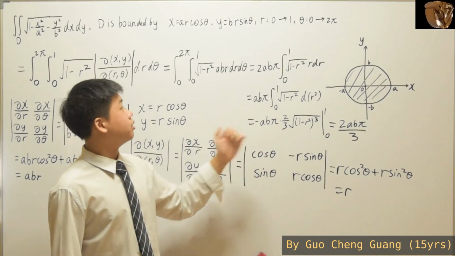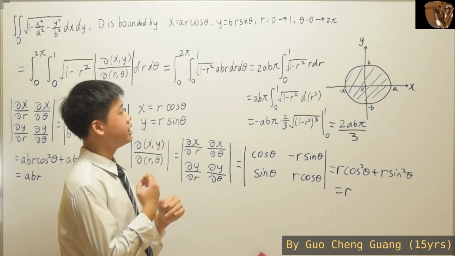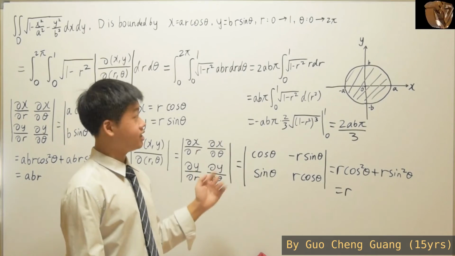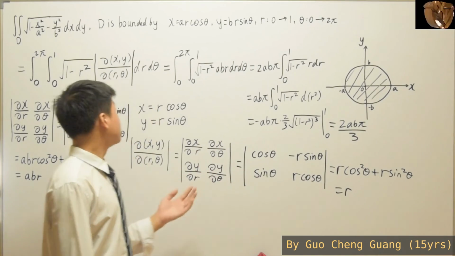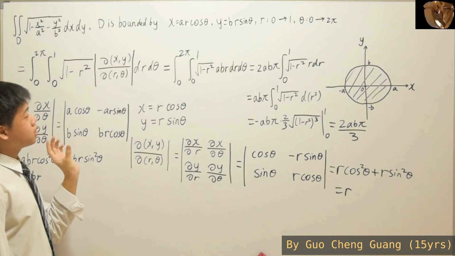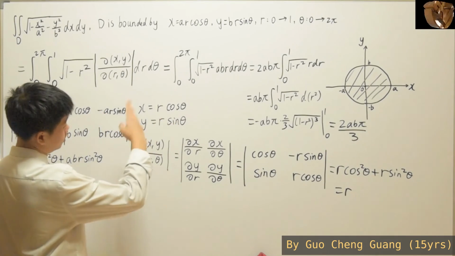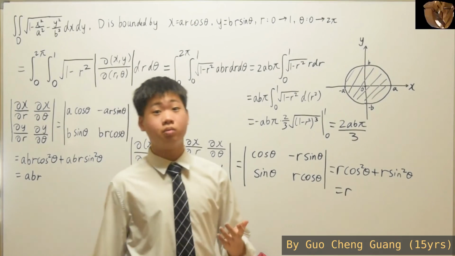So this ellipse here, we have to try to figure out some kind of method to change it into something that looks like polar coordinates. But in order to change that, we have to make use of your Jacobian determinant. Making use of Jacobian determinant, we find that you have to multiply abr. And then of course, the rest, you just proceed with your normal integration procedures.